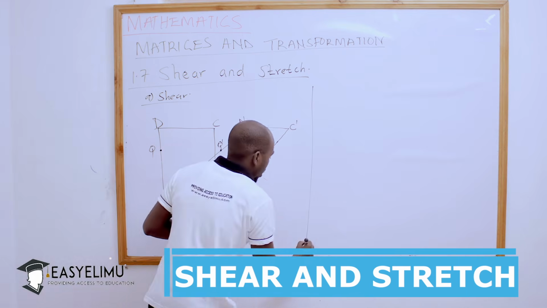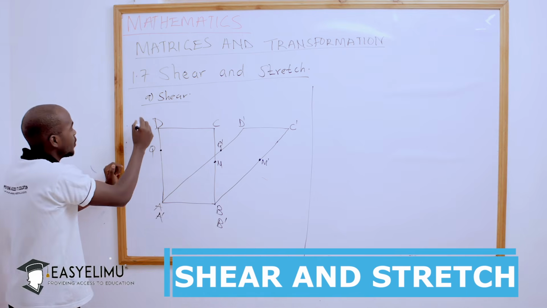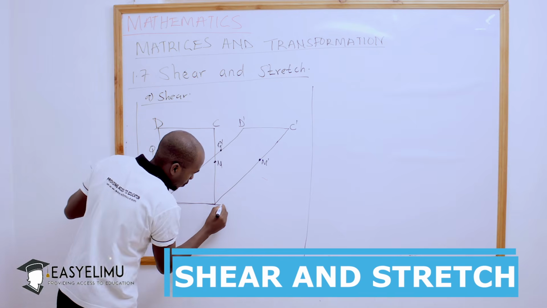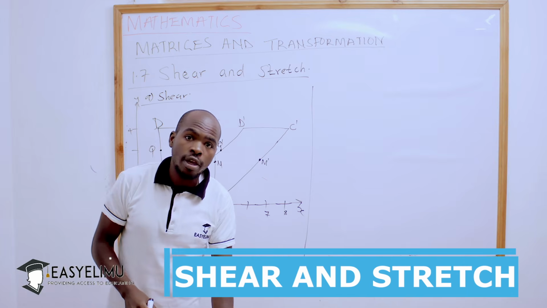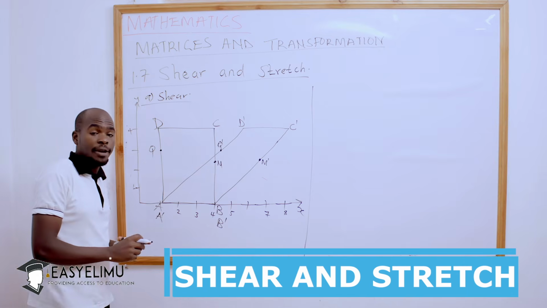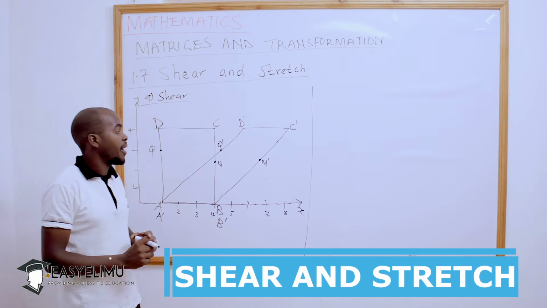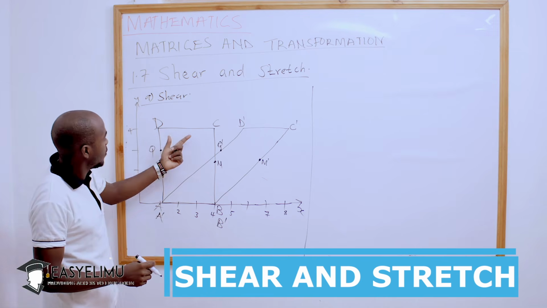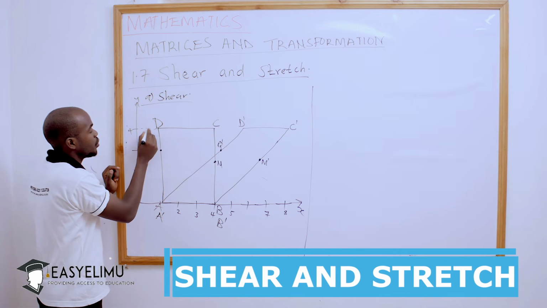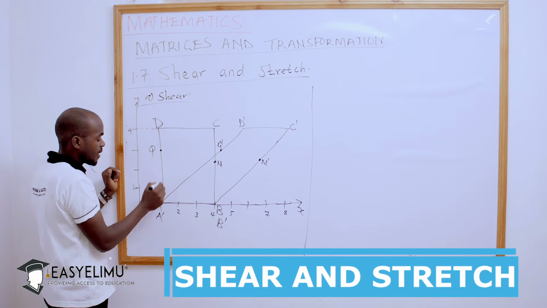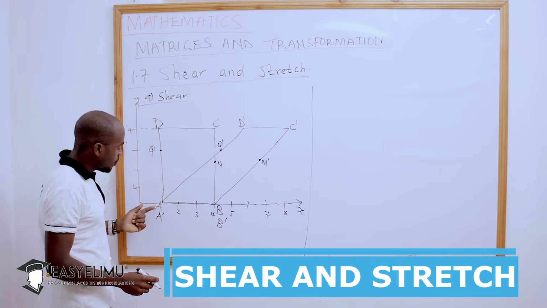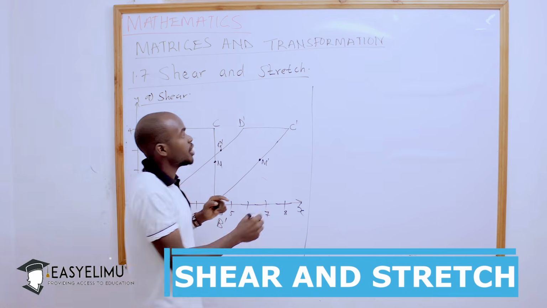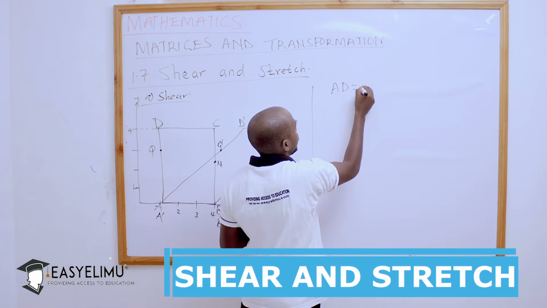If this were on a Cartesian plane, you will identify that they all have the same height. The object ABCD has a height of AD, which is equivalent to 4 units.